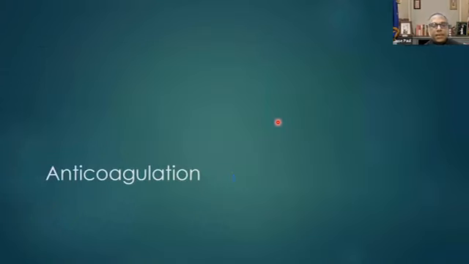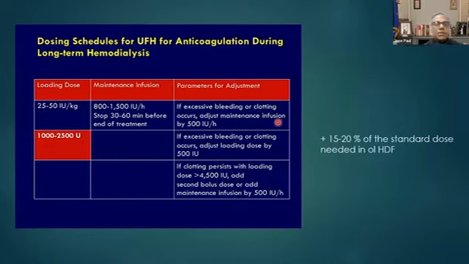Now, with regards to anticoagulation, it is almost similar to what we use in standard hemodialysis. You give a bolus of 25 to 50 international units per kilogram. You run a maintenance infusion of unfractionated heparin, which is stopped around 30 to 60 minutes before the end of the treatment.